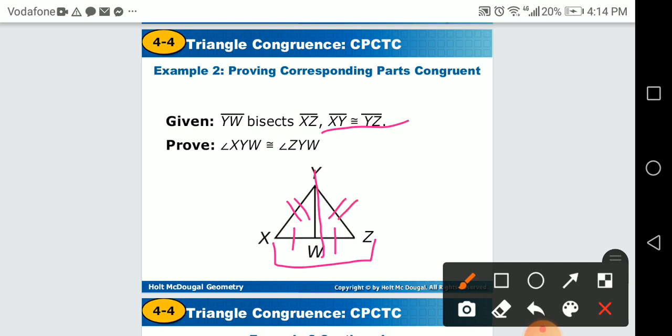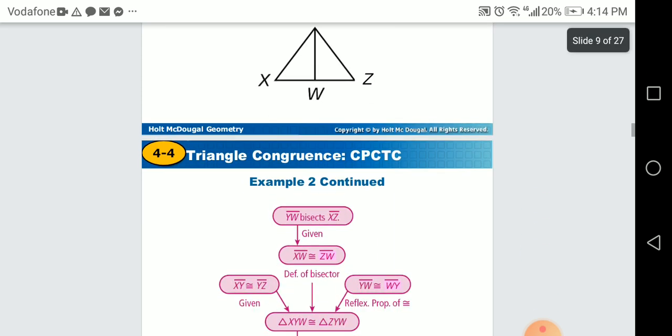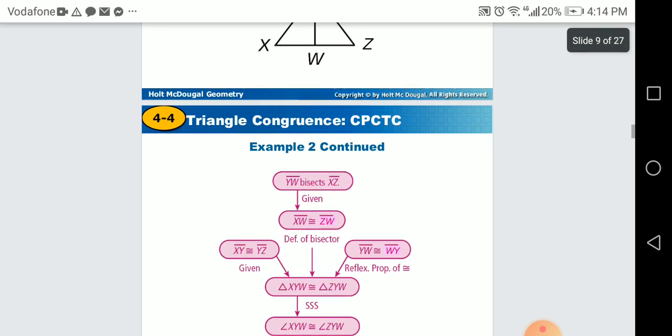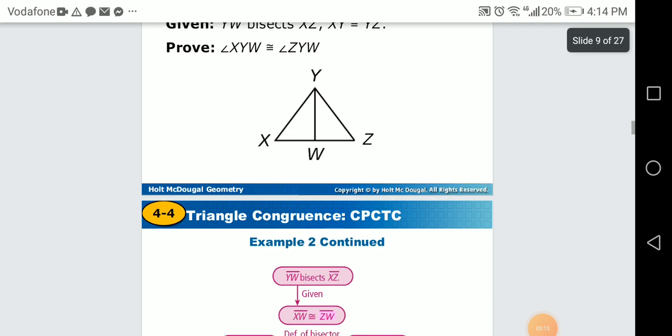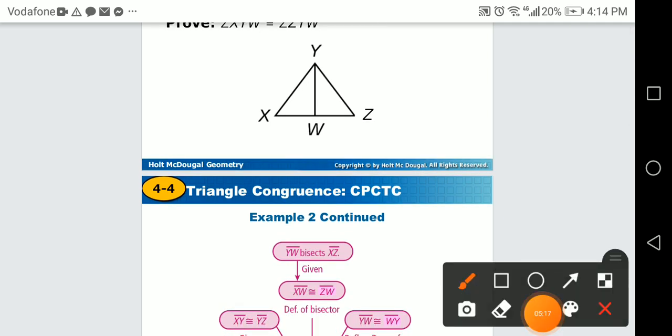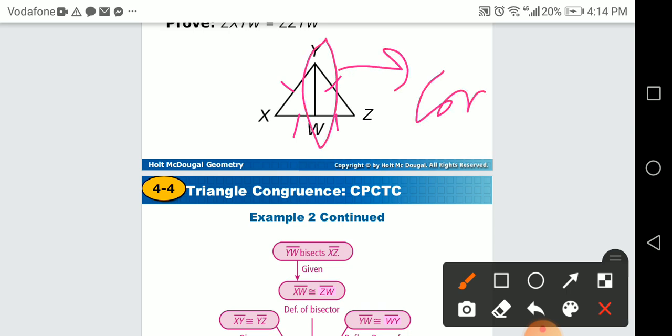So prove that the two triangles are congruent. Let's see how. As I told you, YW bisects XZ. So therefore XW is congruent to WZ. Then he gives you also XY is congruent to YZ. And what do I have here? Can you see this YW? It's a common side between the two triangles.